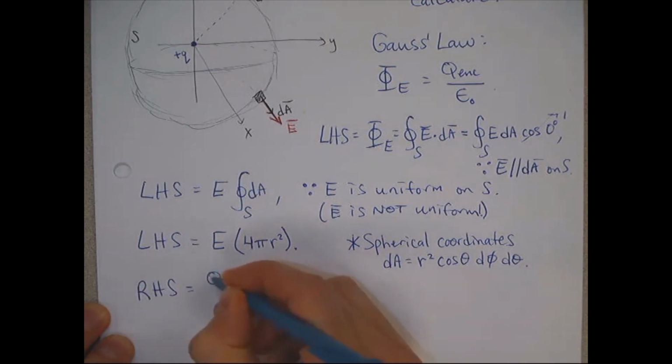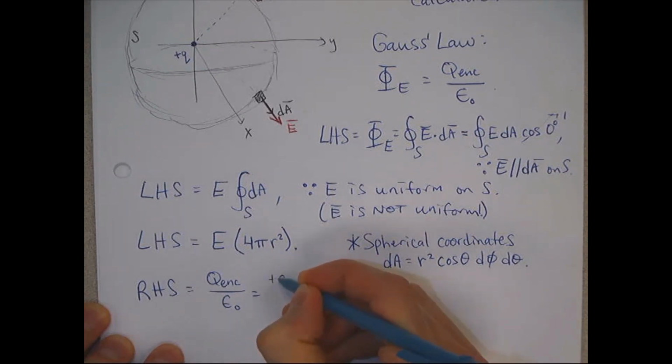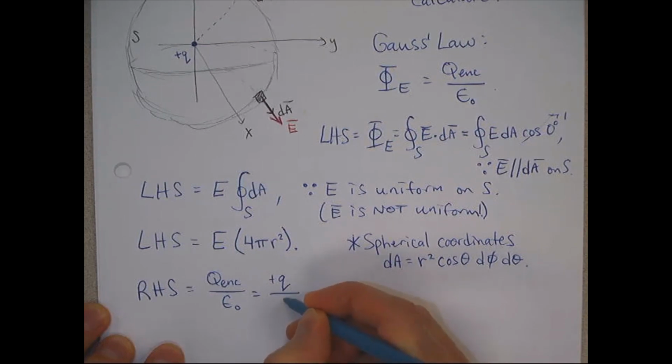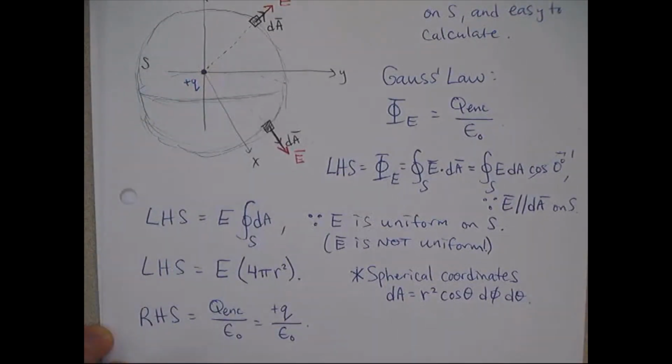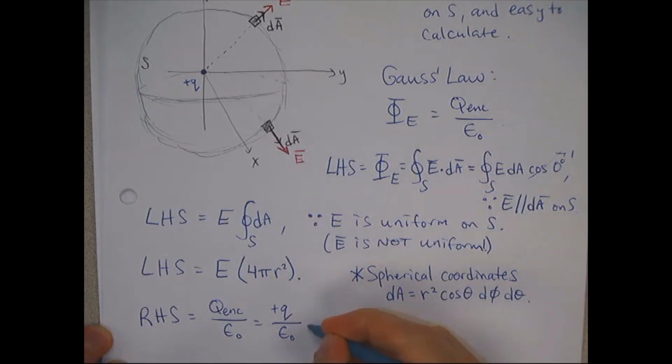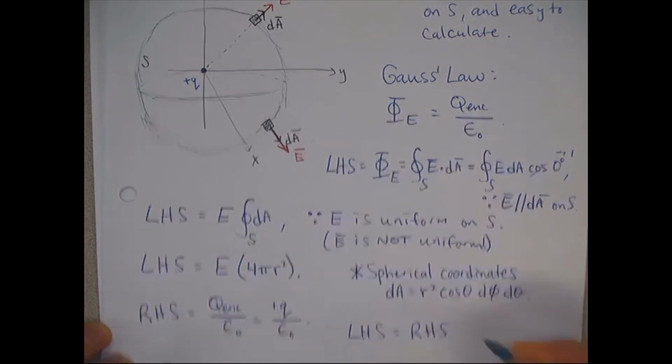The right-hand side, this is the shortest that it will ever be. In this problem, the only contained charge in your sphere is the plus q point charge. Now we set left-hand side equal to right-hand side.